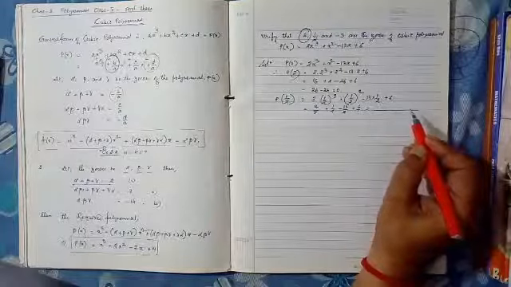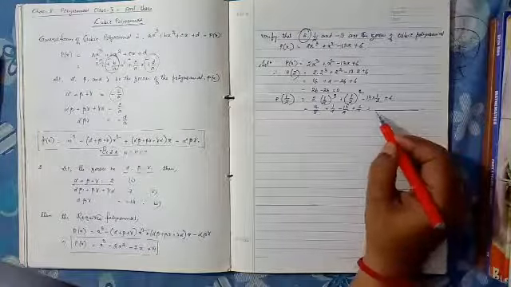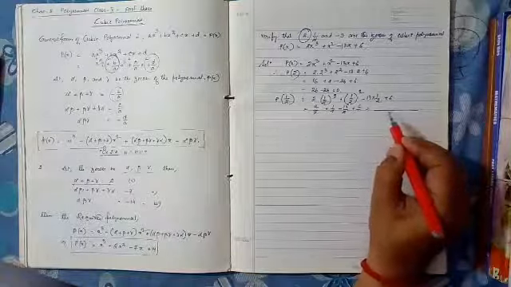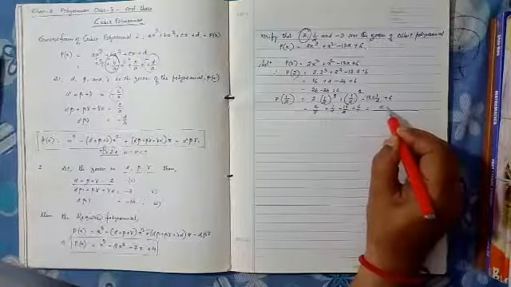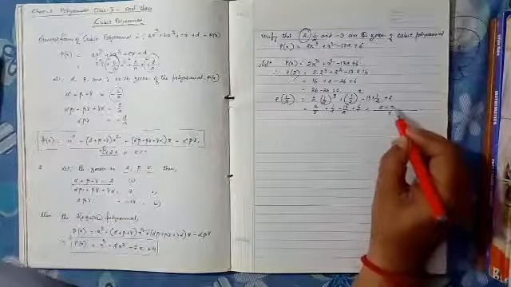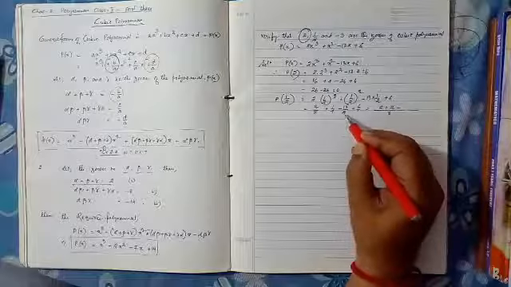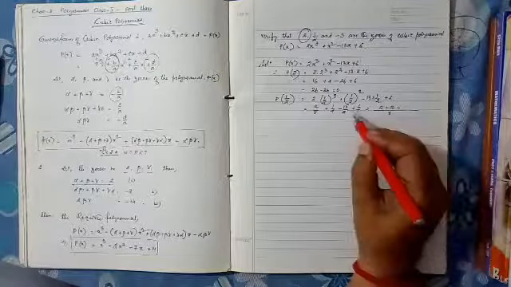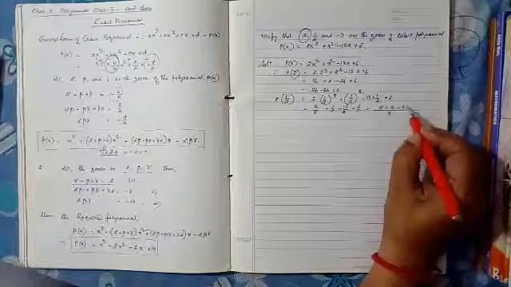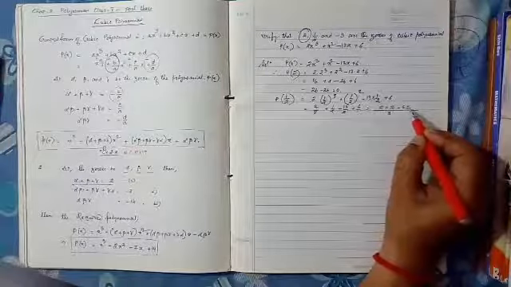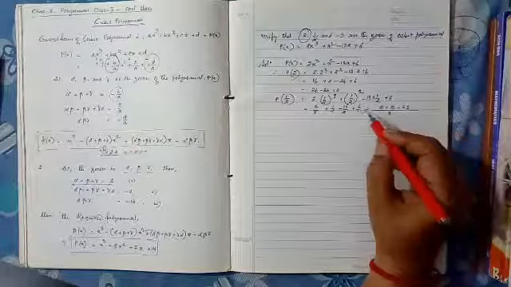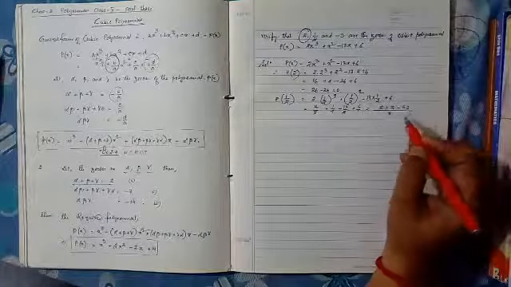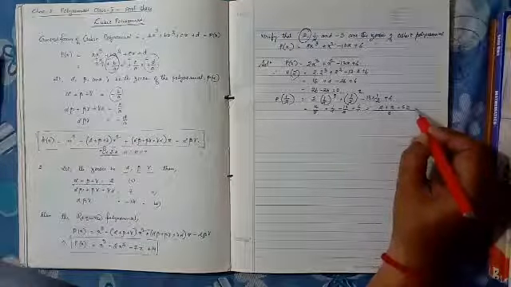8, 4, 2, 1. LCM is 8. So 2 plus 4 is 2, 2 minus 2 is 4, 4 times 13 is 52, minus 52, then 6, 8 into 6 is 48.